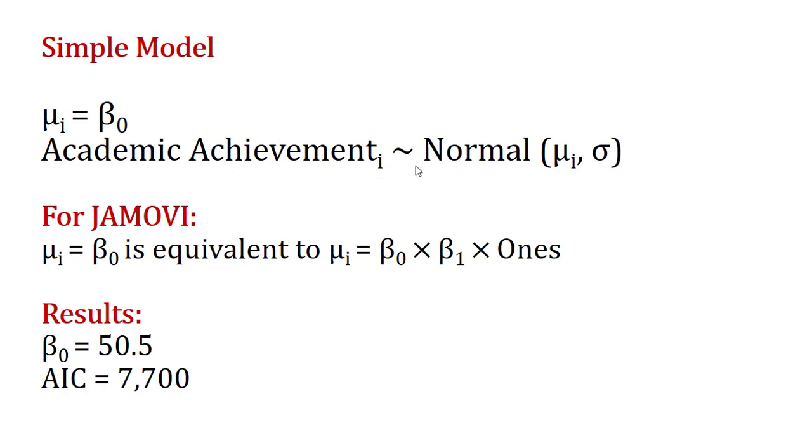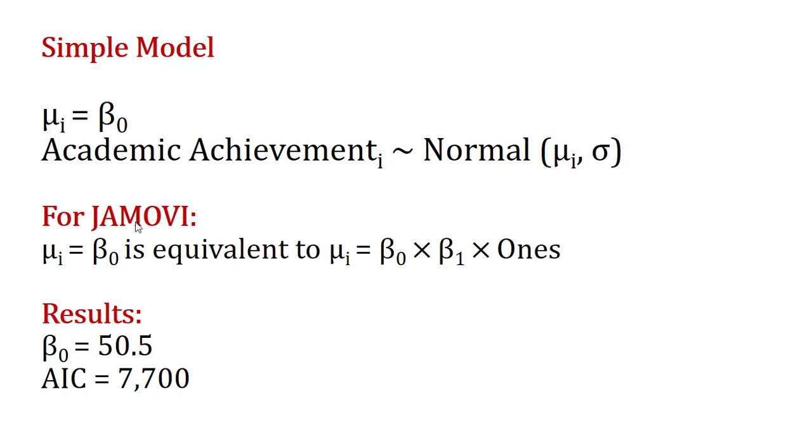It tells us that the way we predict each value of academic achievement is with a normal distribution, and that distribution has a mean, which is mu i, and a standard deviation sigma. Because we have the subscript i, which represents the individuals, that's a shortcut for 1,200 equations.